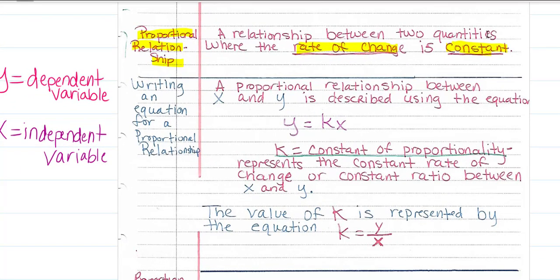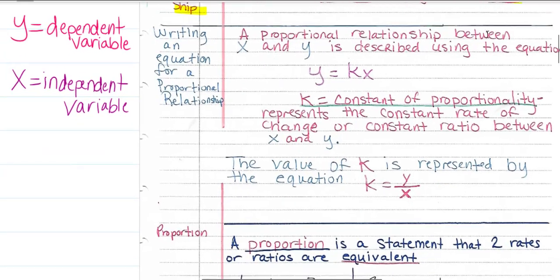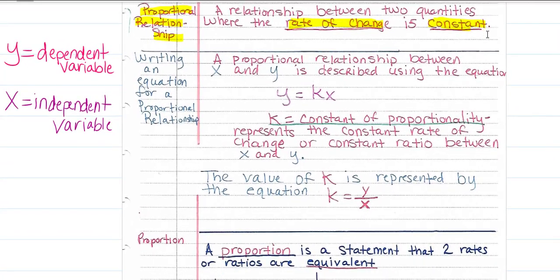When we find a proportional relationship, we're going to have to write an equation for it. So let's take this step by step because it can sound more complex explaining it than it actually is doing it. When we're talking about writing an equation for a proportional relationship, a proportional relationship between x and y is described using this equation right here.